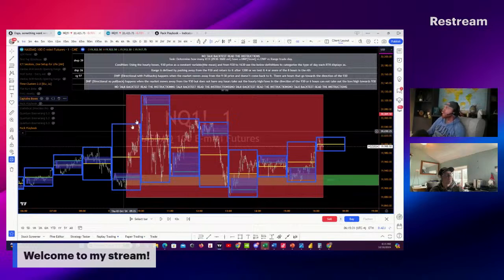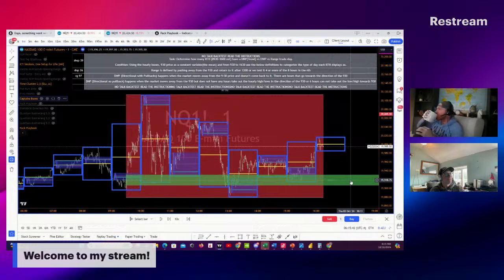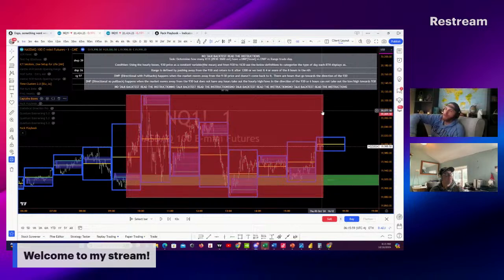All right, is this a DWP, a DNP, or a range? Based off the rule set that I gave you. Hey, Bernie, why would you put a question mark there?